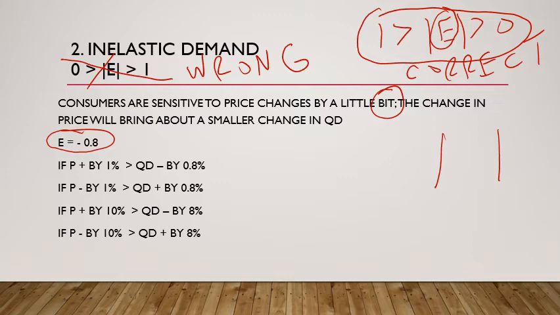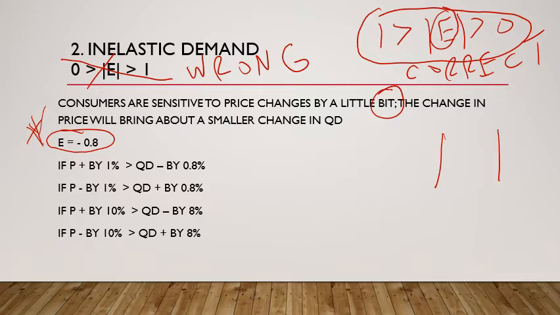All right, let's try. So we are interpreting a price elasticity of demand coefficient, which is negative 0.8, and which we know is inelastic. So what does it mean? It means that if we increase the price by 1%, quantity demanded will decrease by 0.8%.